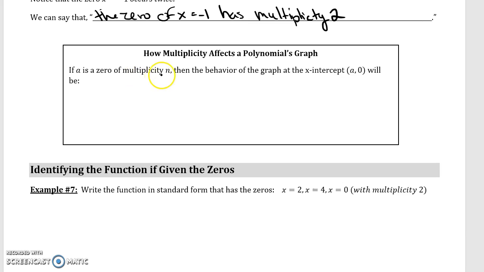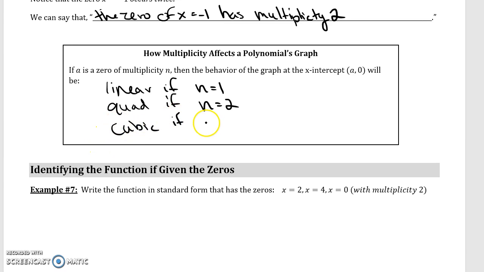If a is a zero of multiplicity n, then the behavior of the graph at the x-intercept a will be linear if n equals 1. It will be quadratic if n equals 2, and it'll be cubic if n equals 3.